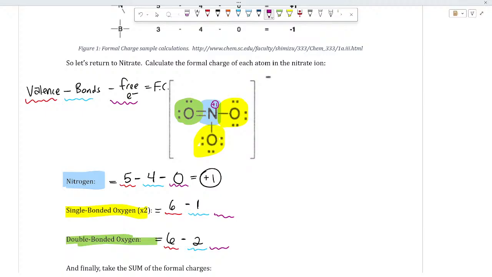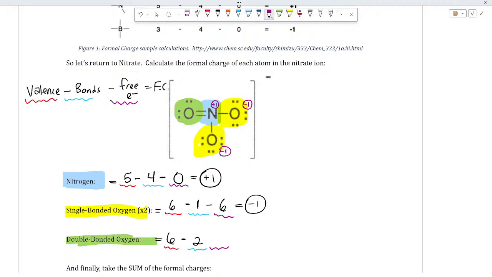Okay, these yellow oxygens have a valence of 6. We expect oxygen to have 6 electrons. One of those is being used in a bond here, right? And then how many free electrons does it have? 1, 2, 3, 4, 5, 6. What's 6 minus 1 minus 6? Negative 1. These oxygens have an extra electron compared to what you'd expect them to.